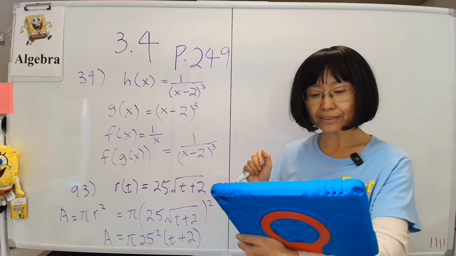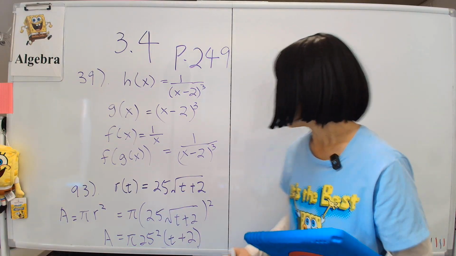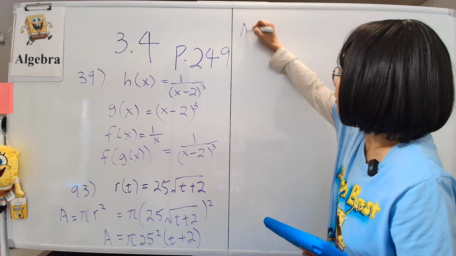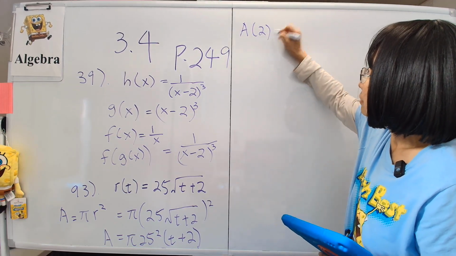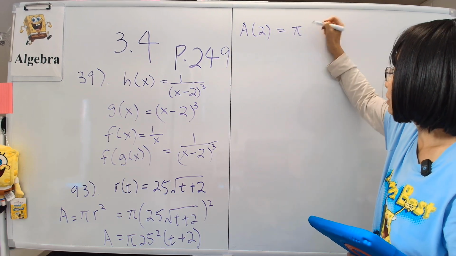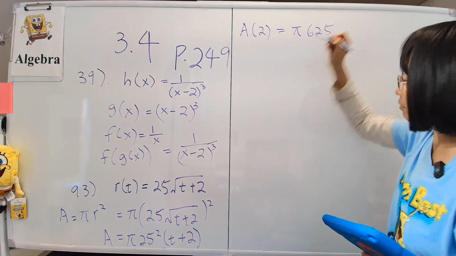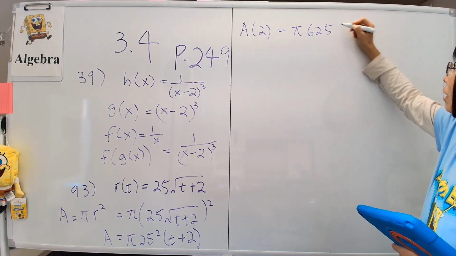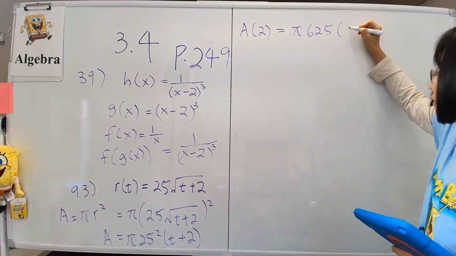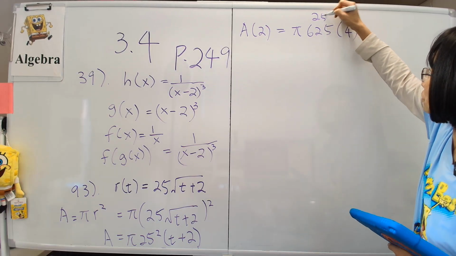The book wants us to figure out the area at 2 seconds. Fine, let's plug in 2. We'll write it this way: area at 2 seconds equals pi times 25 squared, which is 625, I think, and then times 4. Actually, we'll just write down 25 squared.